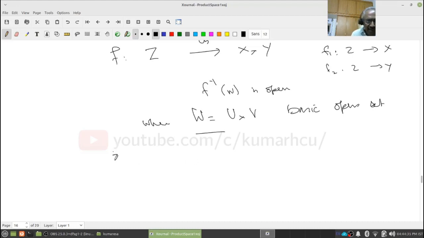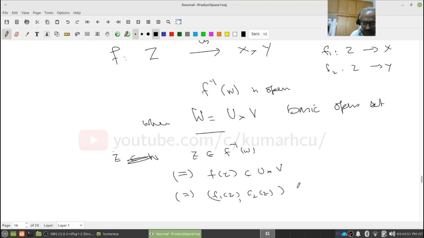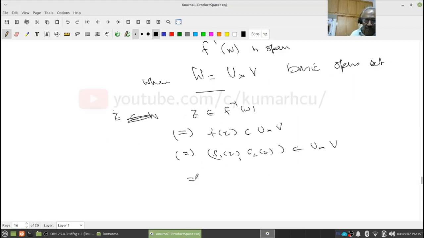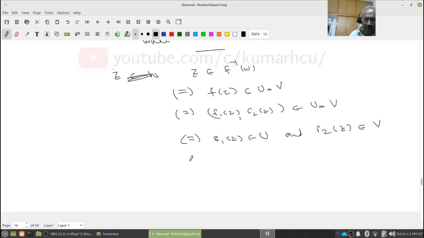So I have a point z in f inverse of W. That is if and only if f of z belongs to U cross V. Now what is f of z? f of z is (f1 of z, f2 of z), which belongs to U cross V. So this happens if and only if f1 of z belongs to U and f2 of z belongs to V. What does this mean?